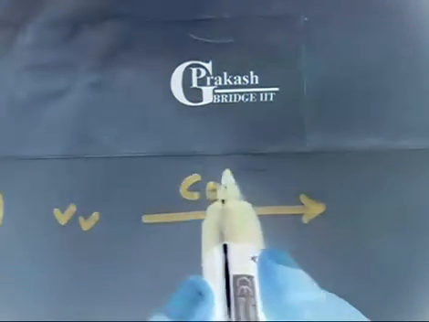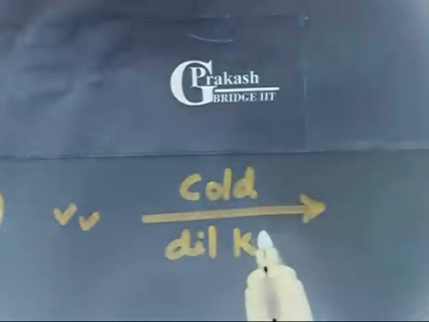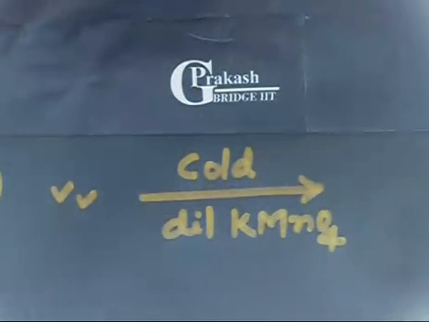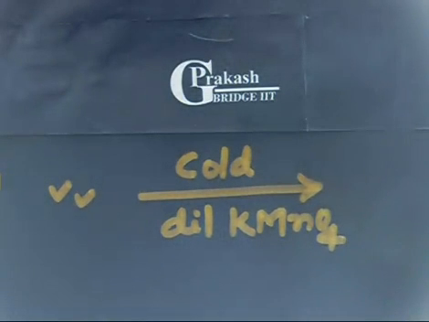If you treat this with cold dilute KMnO4, everybody knows OH OH gets added. In case of cold dilute KMnO4, if you remember, OH OH gets added. And now you can basically tautomerize. So let us do the product in this case.